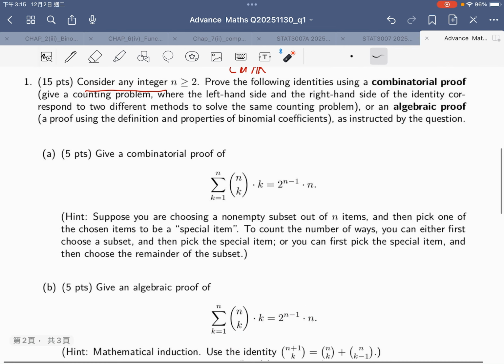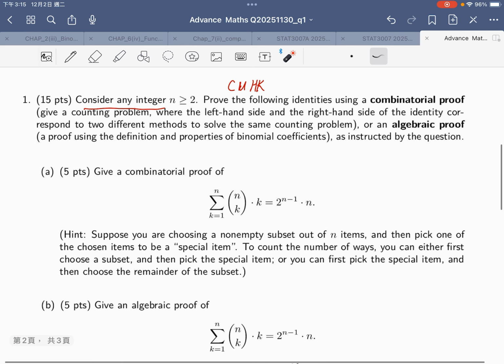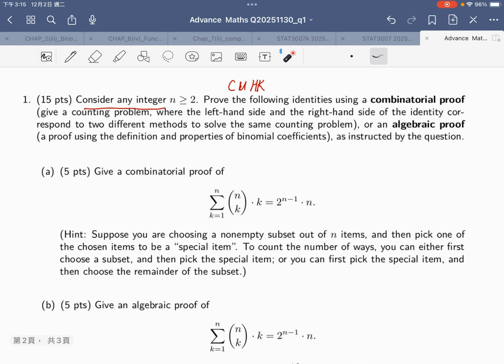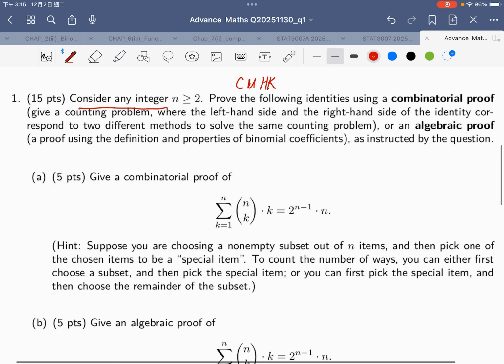Before starting this question, I first show you an important thing, that is the binomial theorem. (1 + x)^n equals the summation of nCk x^k, k equal to 0 to n.